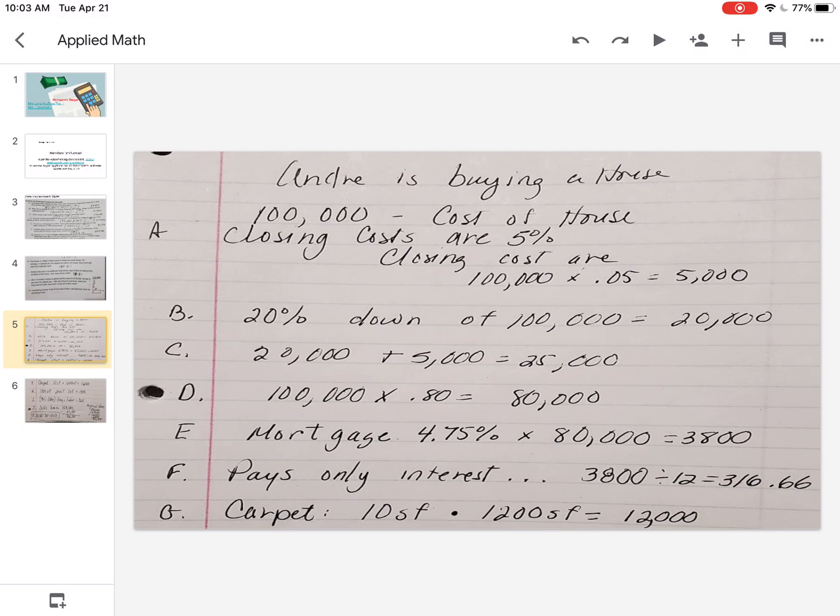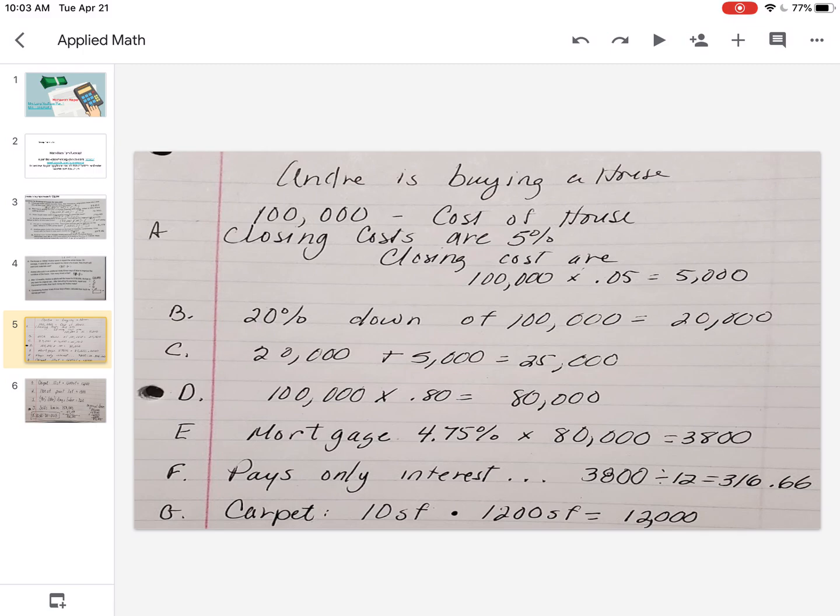But remember, it should be 80,000 times 0.0475. So if he only pays the interest, it's 3,800 divided by 12 months. And for carpet, $10 per square foot times 1,200 square feet equals 12,000.